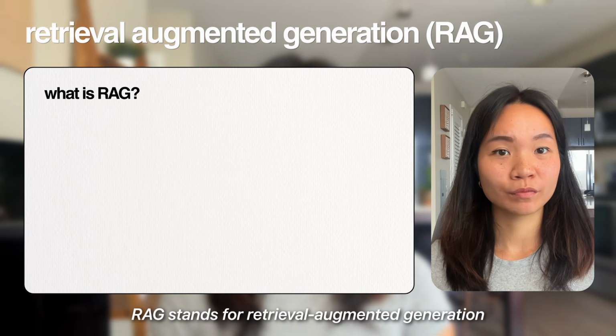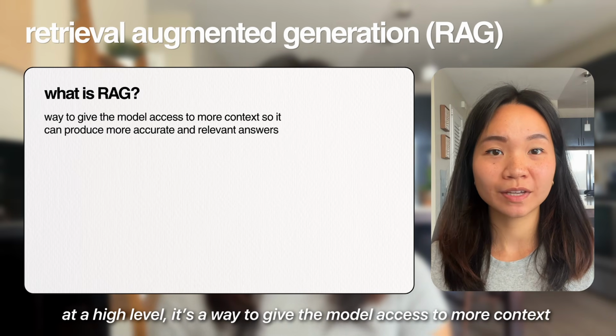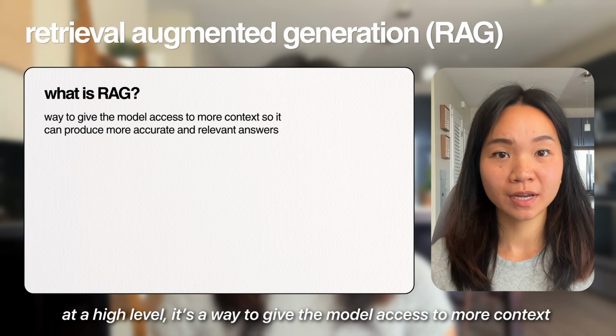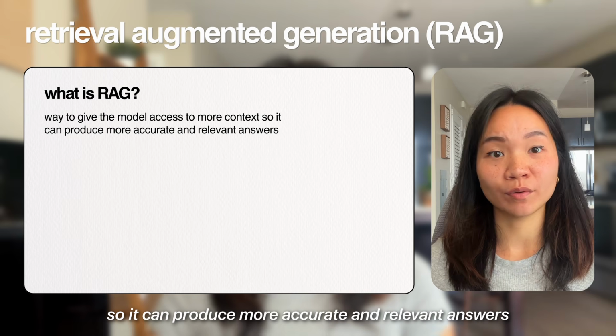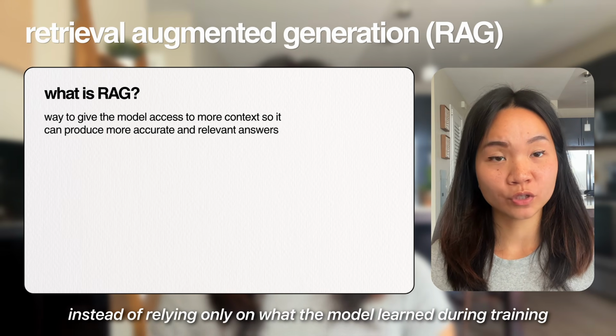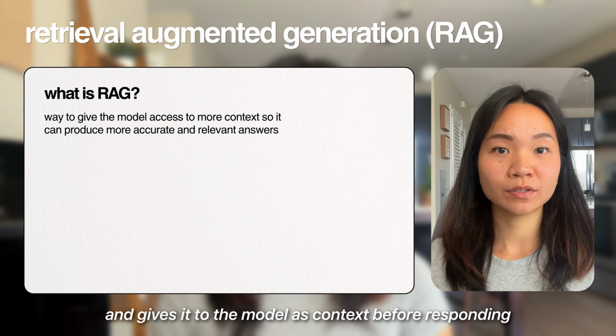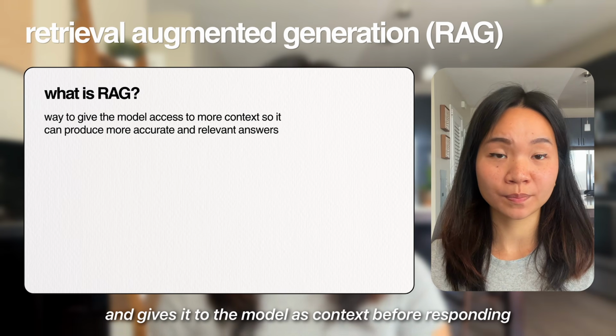RAG stands for Retrieval Augmented Generation. At a high level, it's a way to give the model access to more context so it can produce more accurate and relevant answers. Instead of relying only on what the model learned during training, the system first retrieves relevant information and gives it to the model as context before responding.